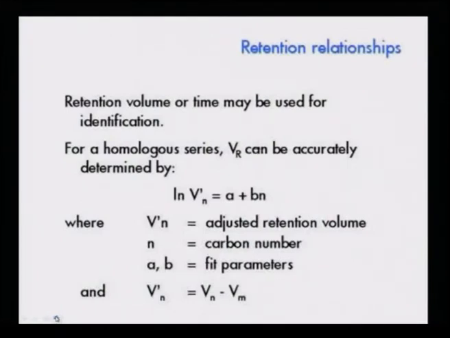For a homologous series, VR can be accurately determined, and thus we can say that if the peaks are coming one after the other, the peaks actually belong to a homologous series, that is, they differ by a CH2 in their molecular structure. As we know, the boiling point of butane, pentane, hexane is slightly increasing one by one.